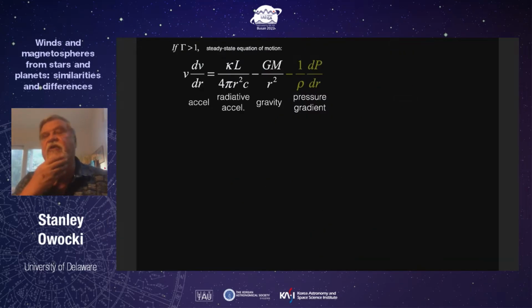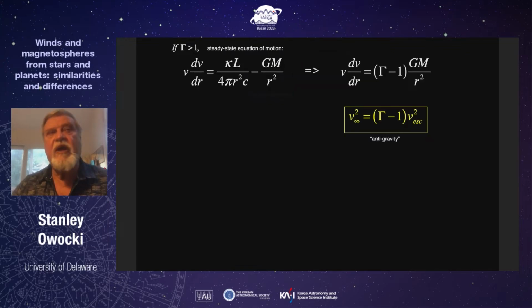So let's think of the simplest form of what happens if you have a radiation force that exceeds gravity. Well, in the steady state, you have an advective acceleration, which is given by the net radiation acceleration compared to gravity. Now, there's also a gas pressure force, but in massive hot stars, their winds are very cool compared to the sun, and the gas pressure can be ignored.